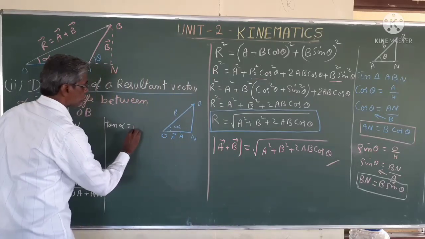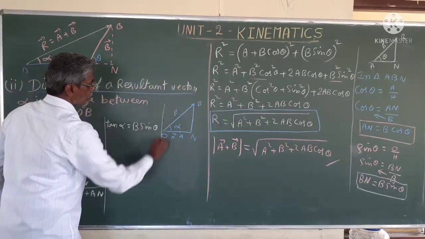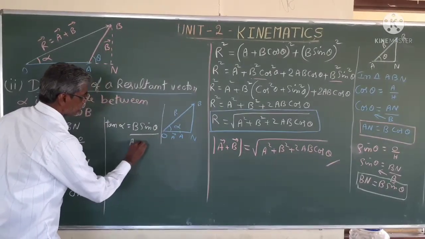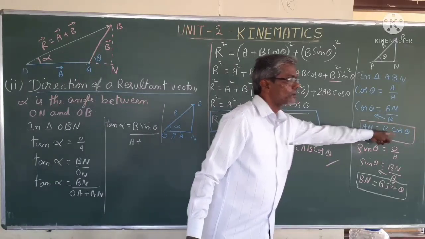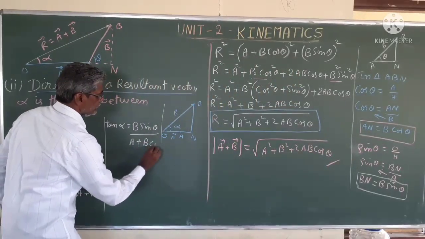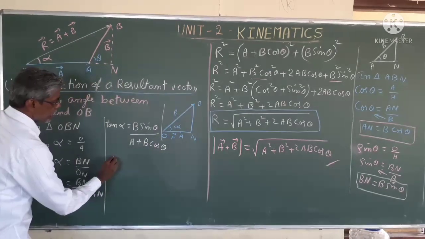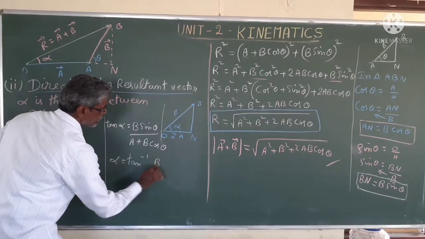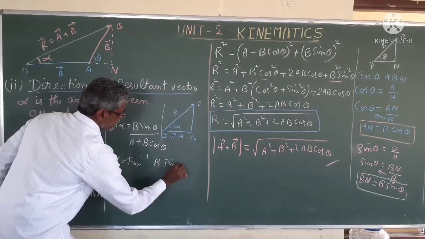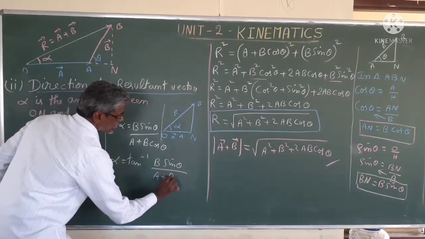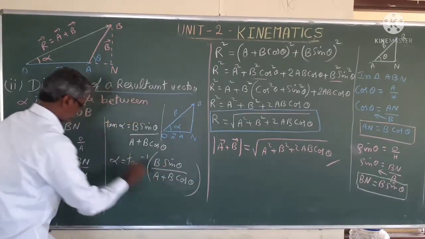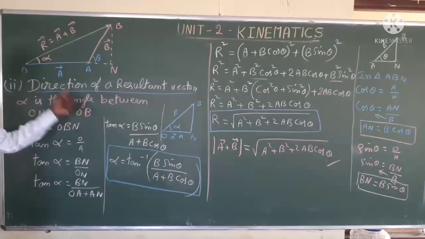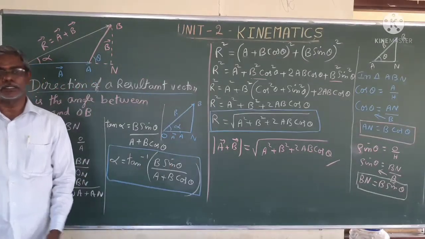B sin theta divided by OA plus AN, that is A plus B cos theta. So we need alpha. Alpha is equal to, bringing this term to this side, tan inverse of B sin theta divided by A plus B cos theta. This will give the direction of the resultant vector.